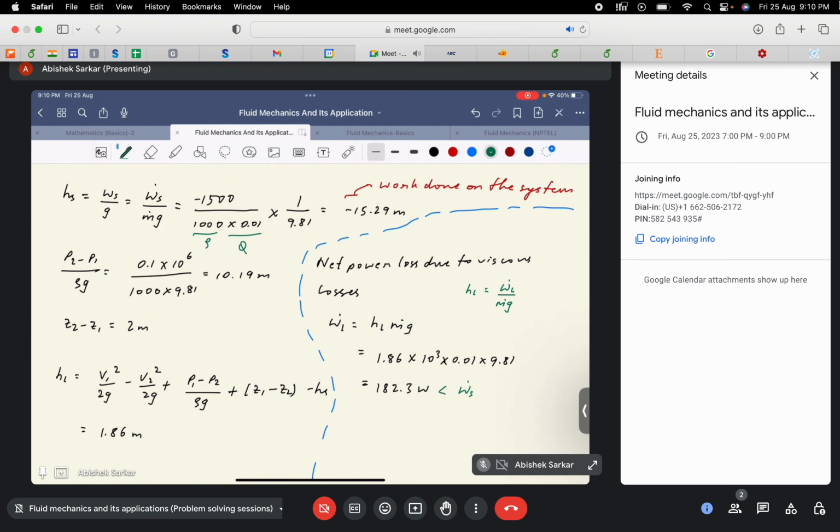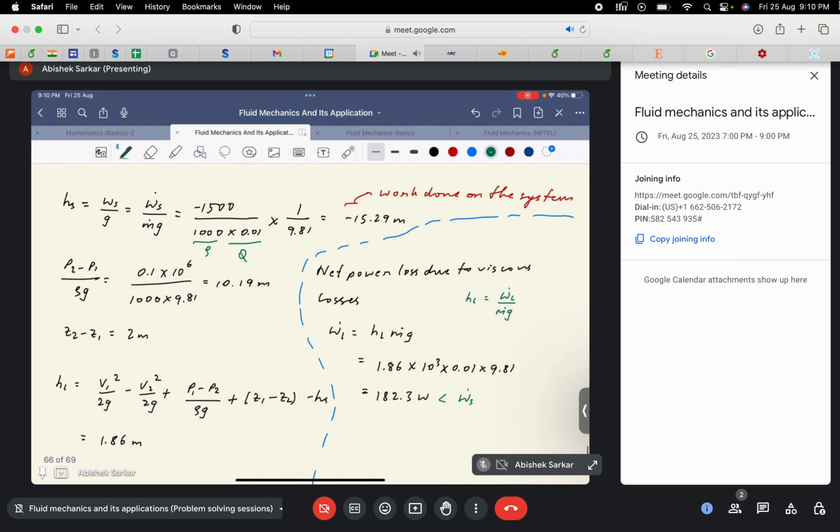So you can clearly see that, at least in the case where the duct lengths through which the liquid flows, or the lengths of the pipes at the inlet and outlet, are quite small, the viscous losses are significantly lesser than the shaft work that has to be given as an input to the pump so the fluid can be transferred to a higher elevation.